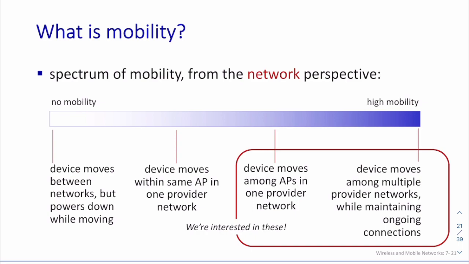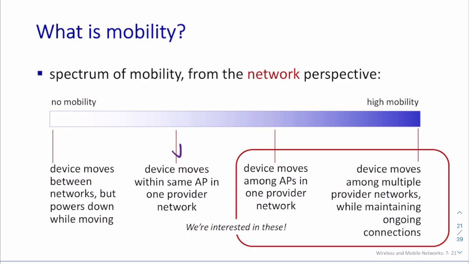The second part right here is that a device can move within the same access point in one provider network. It's very similar to your home network. You can use your laptop and your cell phone in your home network using Wi-Fi.